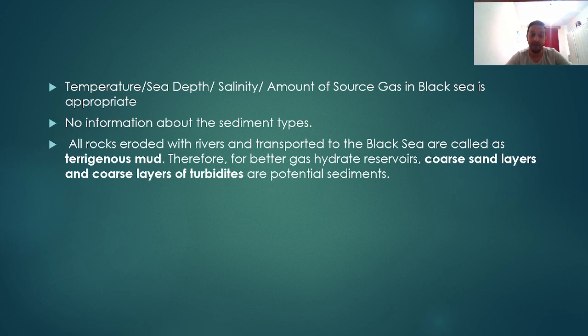All rocks eroded by rivers and transported to the Black Sea are called terrigenous mud. Therefore, for a better gas hydrate reservoir, coarse sand layers and coarse layers of turbidites are potential sediments.